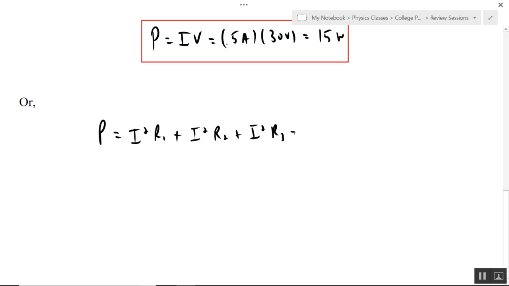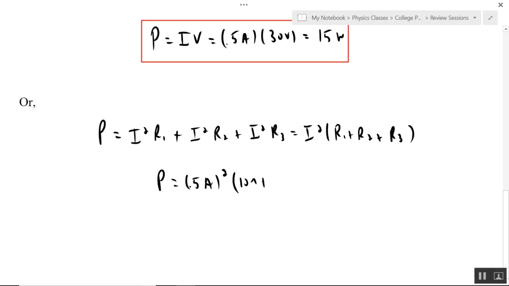All you're doing is squaring the current, which is 1/2, and adding the resistors together. So you get half an amp squared times the equivalent resistance, R1 plus R2 plus R3, which is 10, 20, and 30. That is 60, and a quarter of 60 is 15 watts. So either way, you get the same answer.